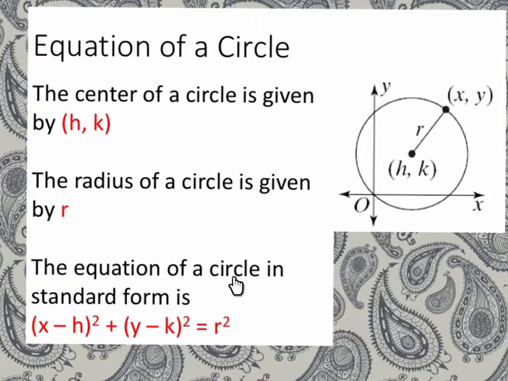Therefore, the equation of a circle in standard form is x minus h, so that's center h, plus y minus k, that's center k, squared, and I forgot the squared part here. There we go, squared part there, is going to equal r squared. This is the standard form of the equation for a circle.